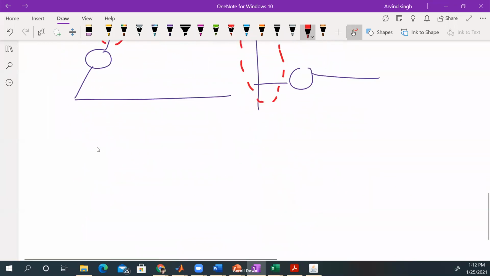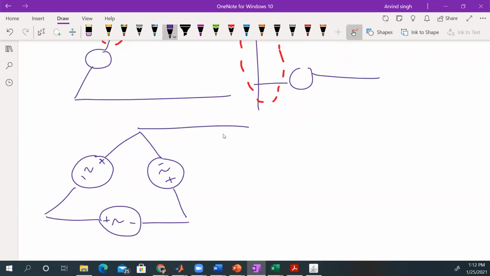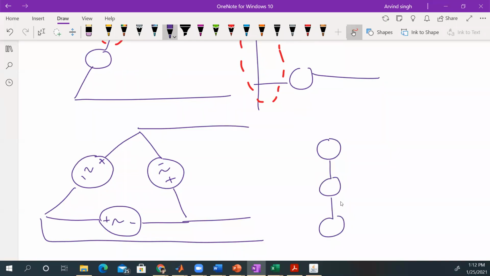And a delta connection would be end to end. So we have 1. So let's put a plus and minus here, minus plus, minus plus. Good. So we arrange them end to end. Or if you want to do it the other way, you could do it like this. 1, 2, 3.